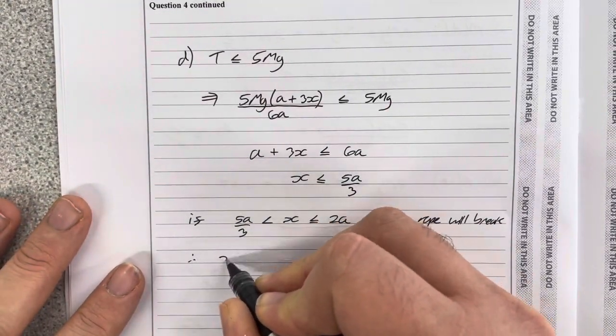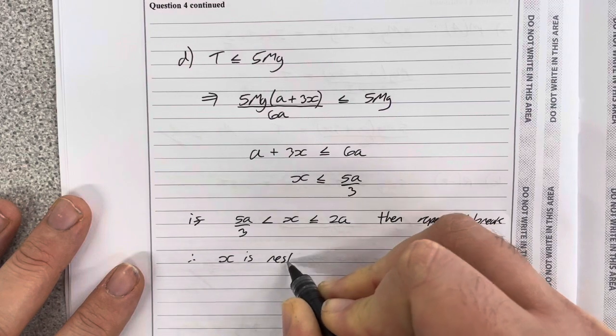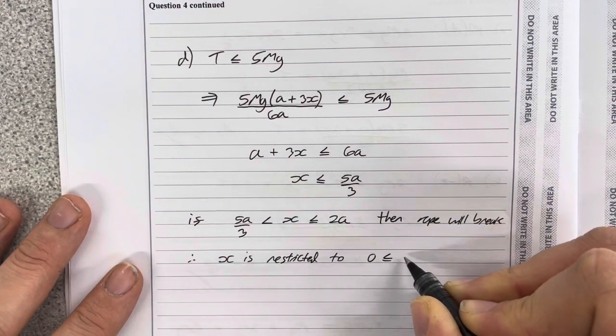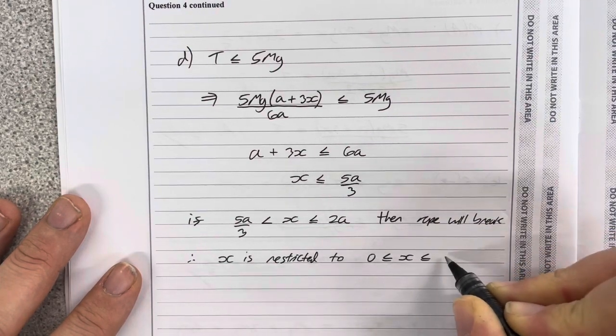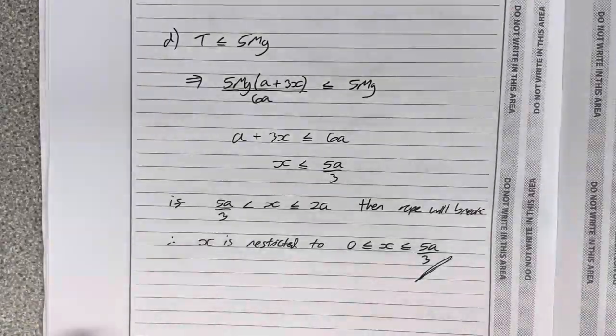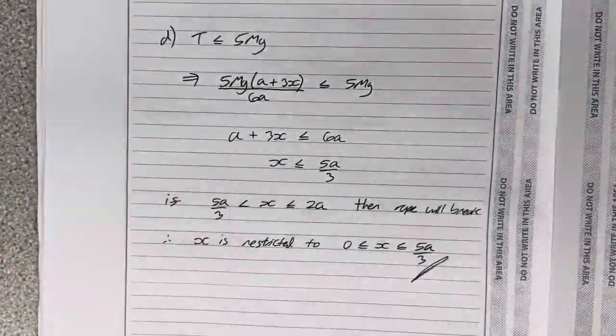Therefore, x is restricted to 0 is less than or equal to x is less than or equal to 5a on 3, so 5/3 a. So it does restrict the motion of the box.